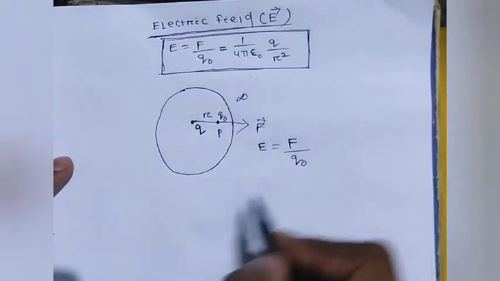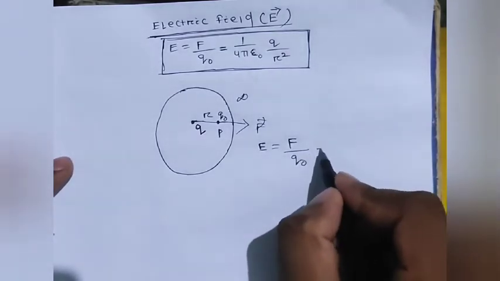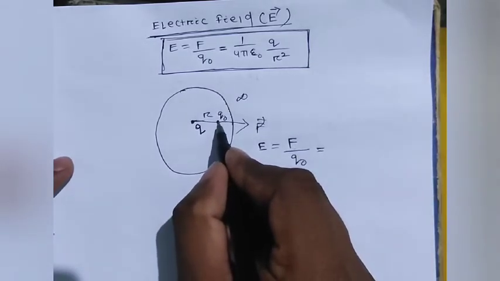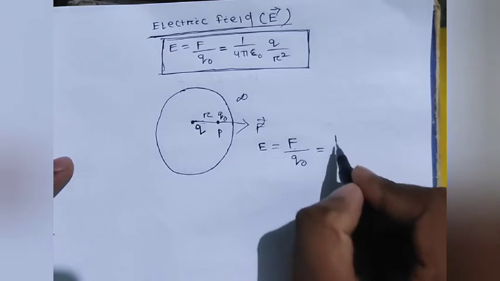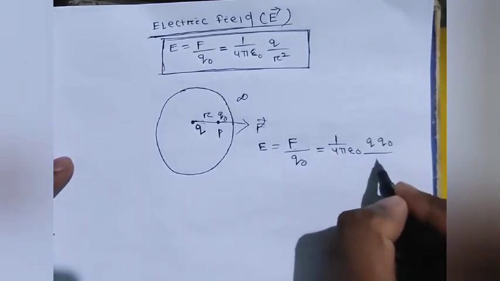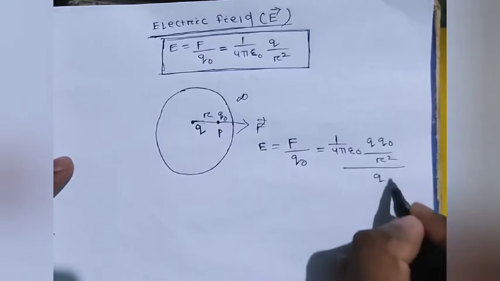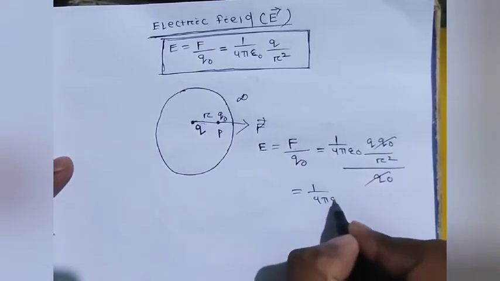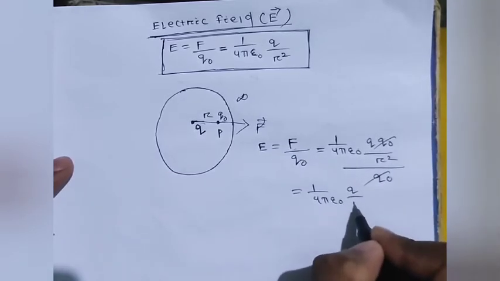This is the formula of the electric field, and we know the formula of the Coulomb force. What will be the force on this Q0 due to Q? It will be simply 1 by 4 pi epsilon Q Q0 by r square, divided by Q0. Q0 will get cancelled. It will be simply 1 by 4 pi epsilon Q by r square.